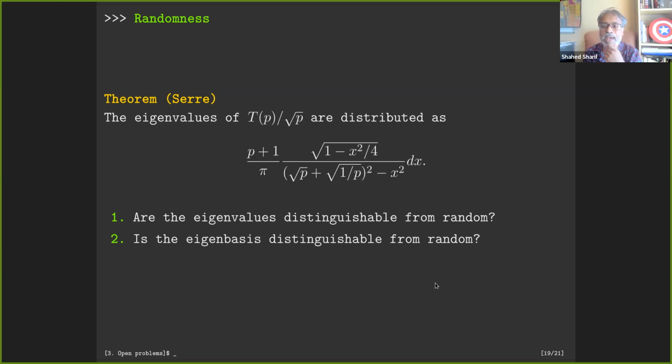If you think of the digits of pi, you can easily compute them, but you can't really predict them. So the question is, can you predict something about the eigenvalues? If you can do that kind of prediction, so this is sort of an information theoretic question, then that could possibly enable an attack.